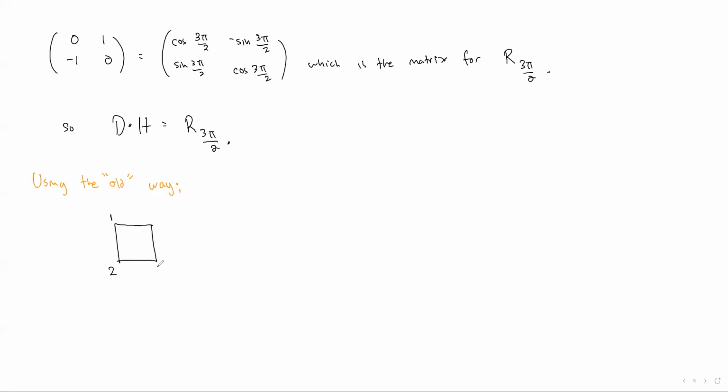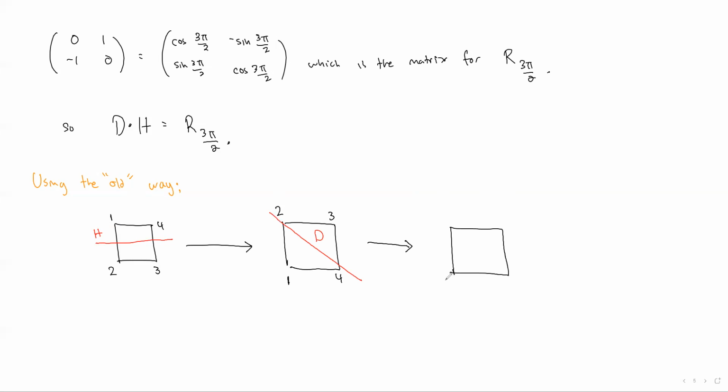So let's label 1, 2, 3, 4. Then we apply D. We apply H. So we get 1, 4, 2, 3. Then we apply D. So we get 3, 1, 4, 2.